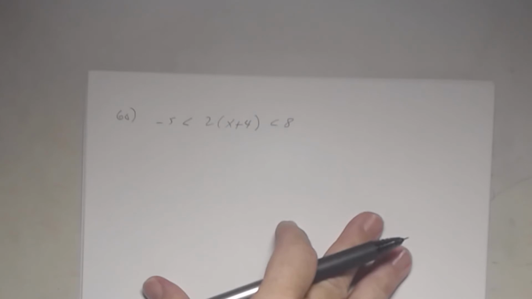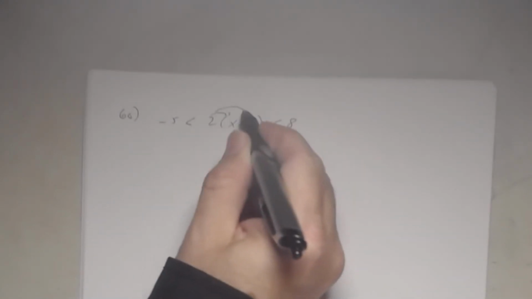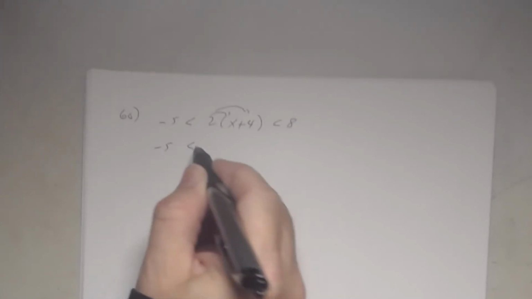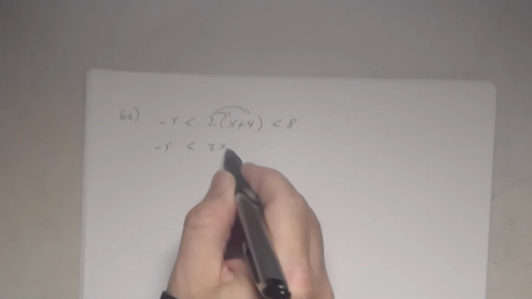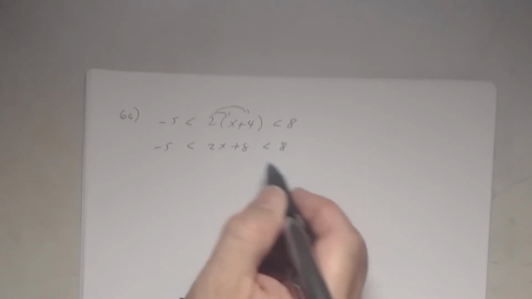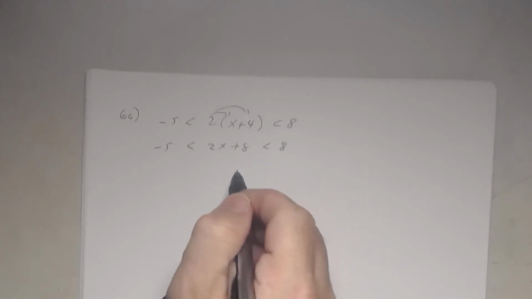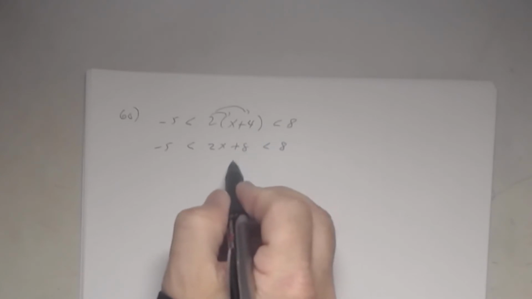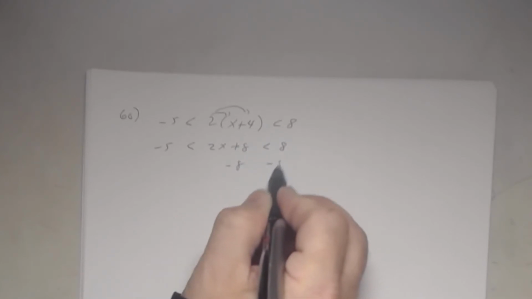All right, so what are you going to do? Okay, distribute first. So -5 is less than 2x plus 8 is less than 8. Next step. Subtract what? 8 from all parts.